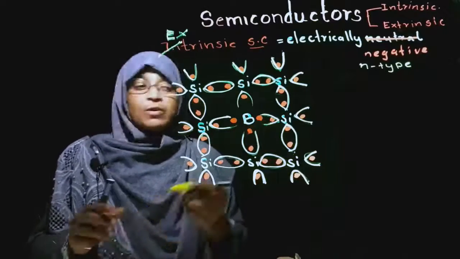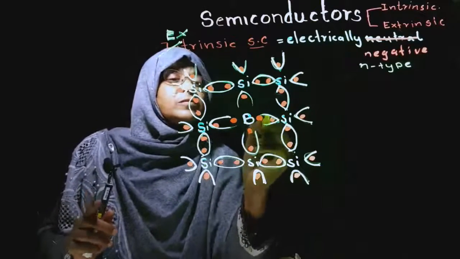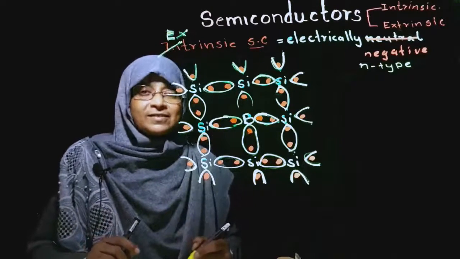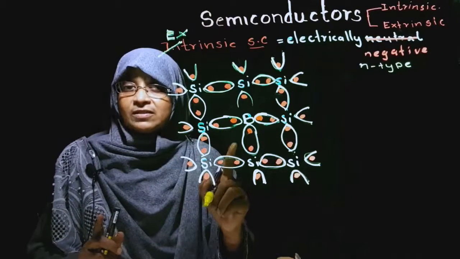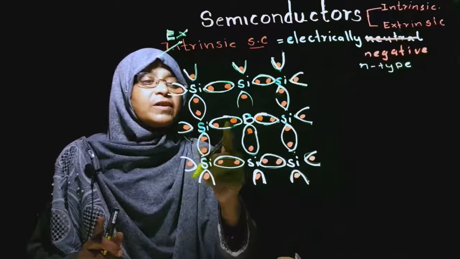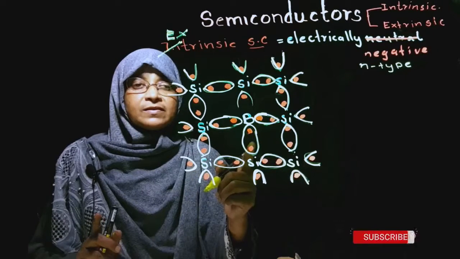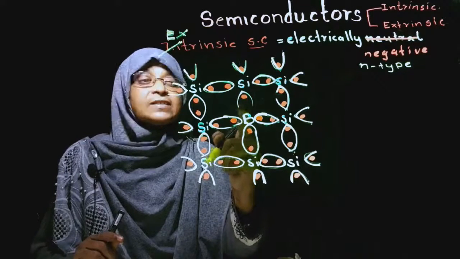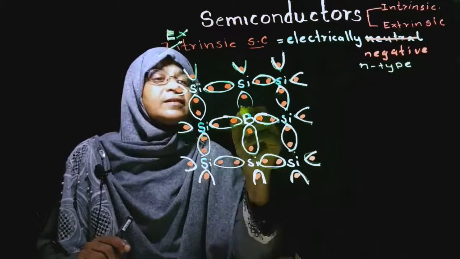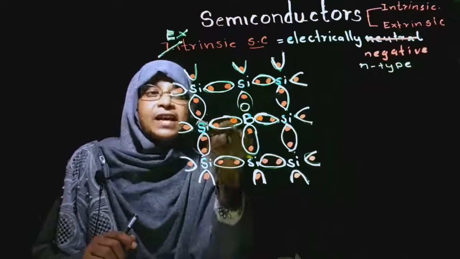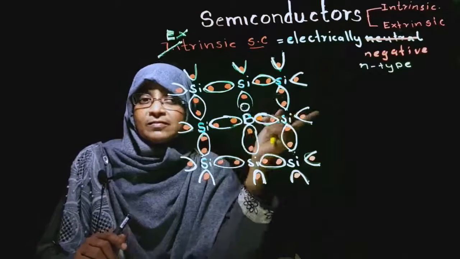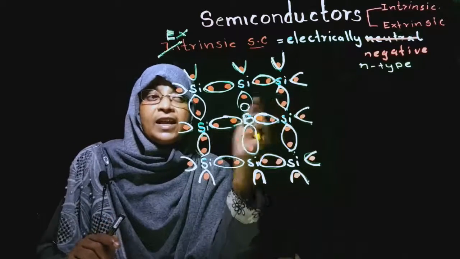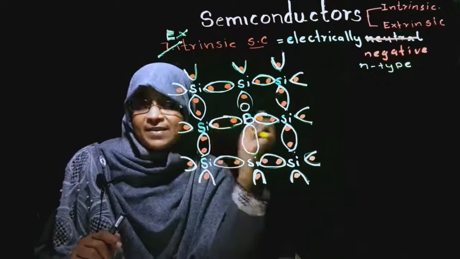Now this boron makes covalent bonds: 3 bonds, only 3 electrons. So on this side there is a space. This space needs an electron. Electron deficiency space.